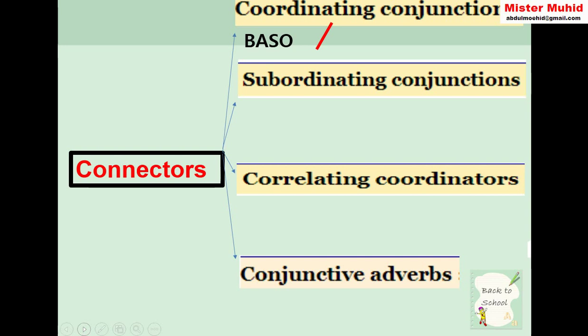As we know, commonly people say BASO, like but and so, or maybe other people say FANBOYS. It stands for for, and, nor, but, or, yet, so. But some theories say F is not useful because actually "for" in an English sentence can be replaced by "because" or "as".